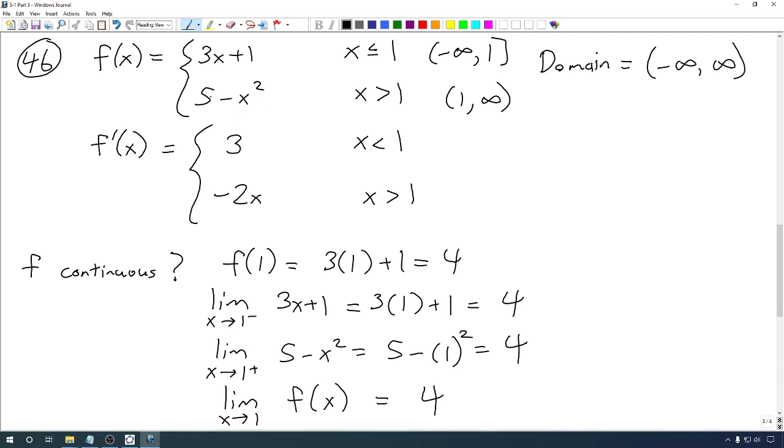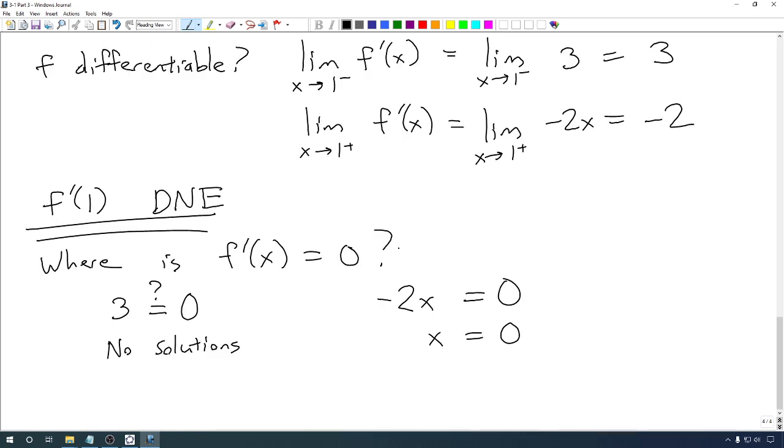We're not following the 5 minus x squared, so we're not using the derivative of negative 2x there. So you could say that x equals 0 is a critical point of 5 minus x squared, but it's not a critical point of f, because f is not following that formula when x equals 0. So in fact, x equals 1 is our only critical point for this function.